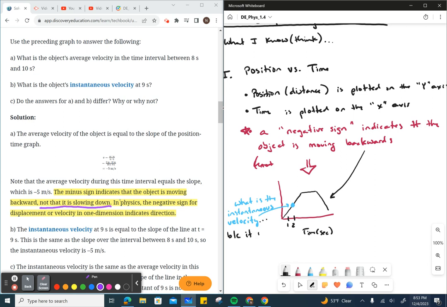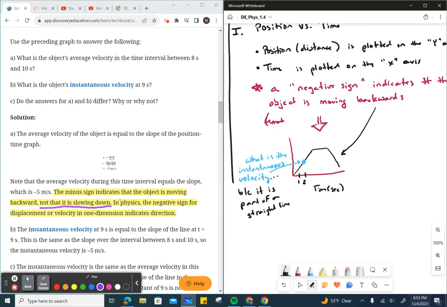If we want to know exactly what that was, because this is a straight line, because it is part of a straight line, it'll have the same value as the slope of that line.